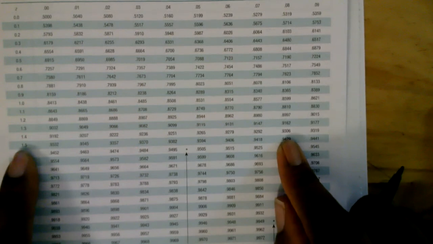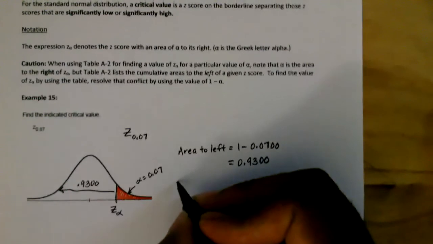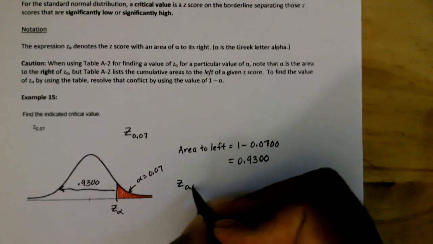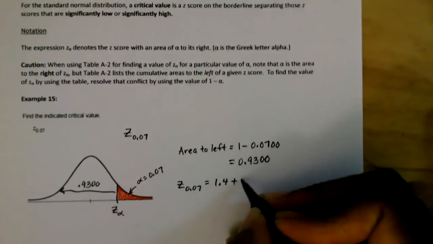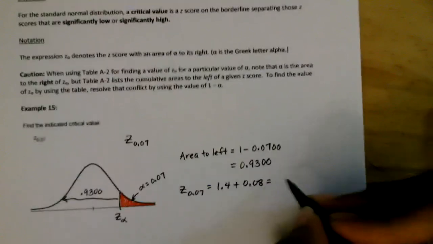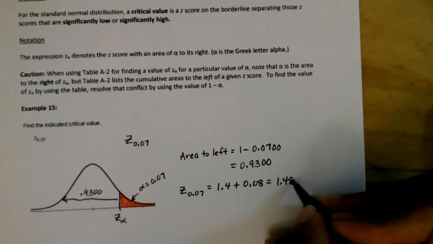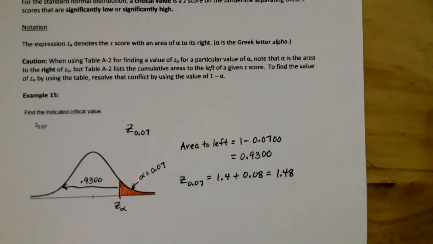So to the left of that is 1.4. The column that it is in is going to be 0.08. So here, z sub 0.07 is 1.4 plus 0.08, which gives us 1.48. Okay. So that critical value that we were looking for, z sub 0.07, would be 1.48.